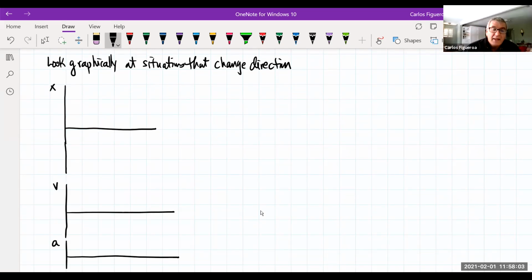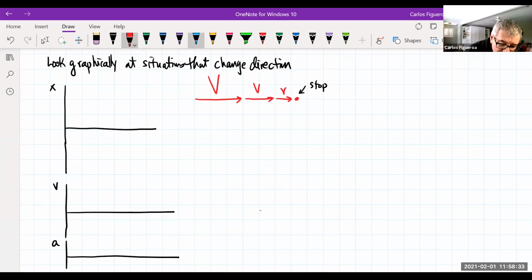So let's look at this thing here. If I look at this situation, let's imagine I'm going to the right and I'm slowing down. So that means I'm going like this, like this, like this, and then here I stop. So at this point right here, you stop. If I'm looking at my velocities, I'm looking like this.